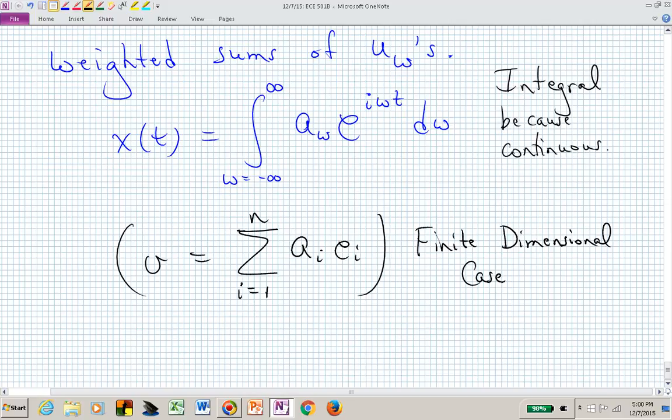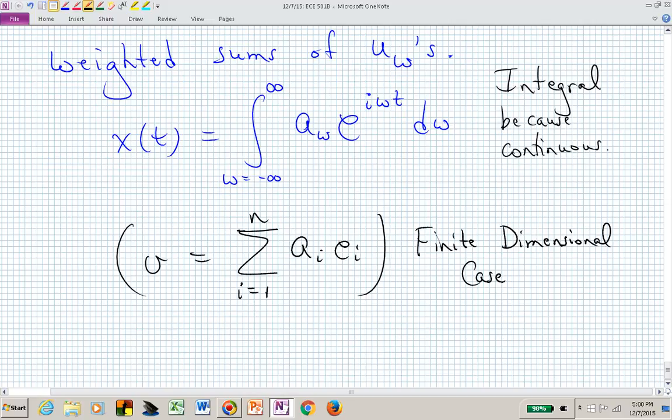Now what we have is a way of rewriting x. We've now decomposed an arbitrary signal, input x, into a weighted sum of eigenfunctions, where the eigenfunctions are the e to the i omega t, these spinning phasors, which is consistent with the finite sum or finite dimensional case.